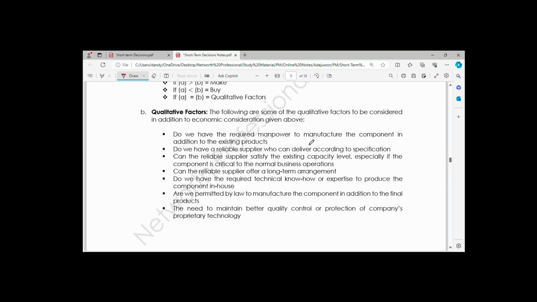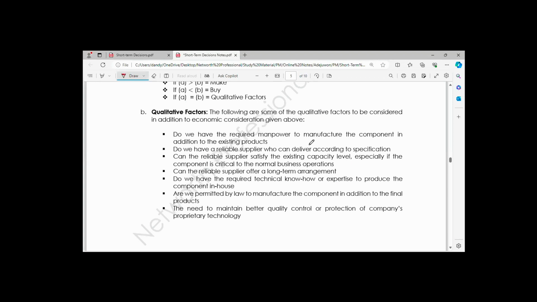How you want your design to be, the external contractor or supplier should be able to do it the same way you want it. So you need to ensure you have that reliable supplier who can do that.